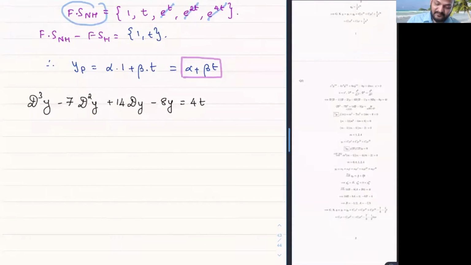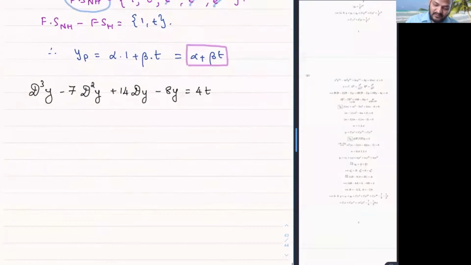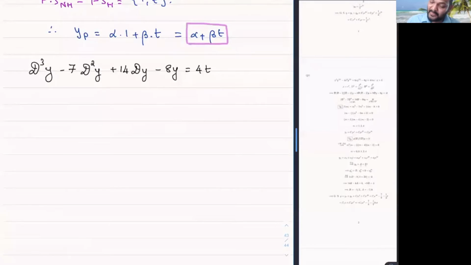So if I do that, what I'm going to have will be the following. To do that, by the way, let me find the yp prime. Yp prime is equal to simply beta. Yp double prime would be 0, and yp triple prime is also going to be 0. And so therefore, this is not going to contribute anything, that's going to be 0, and this is also not going to contribute anything, so that's going to be 0.